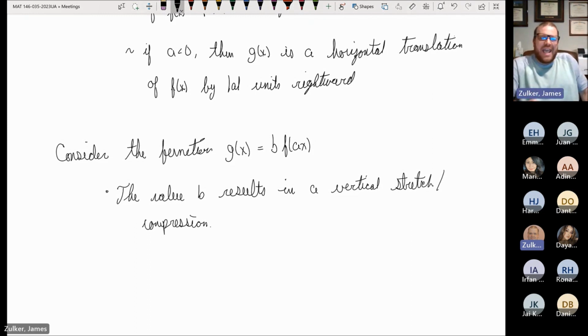So b is going to result in a vertical stretch or compression, again, depending on the value of b.